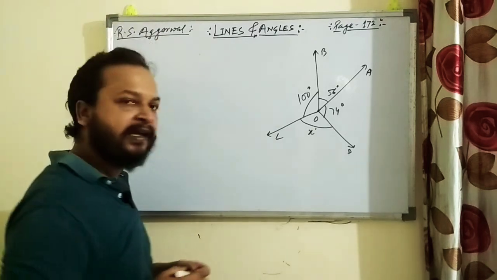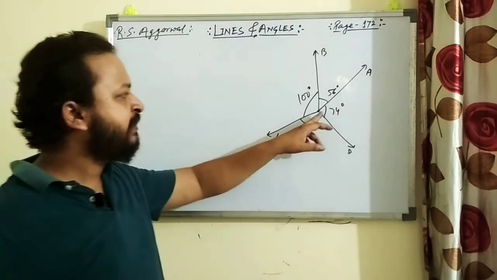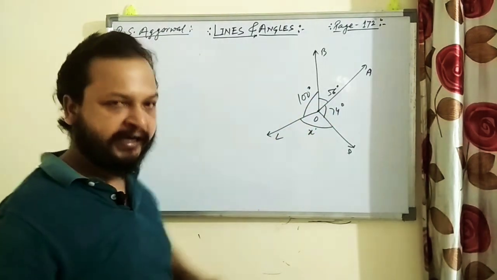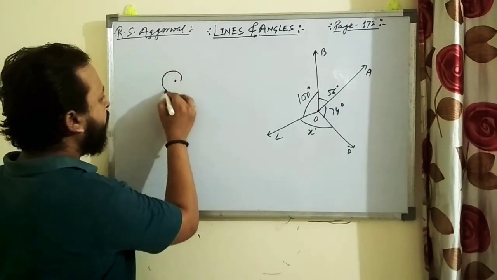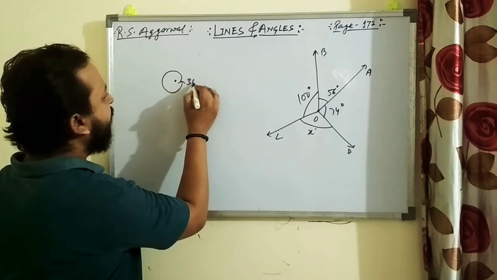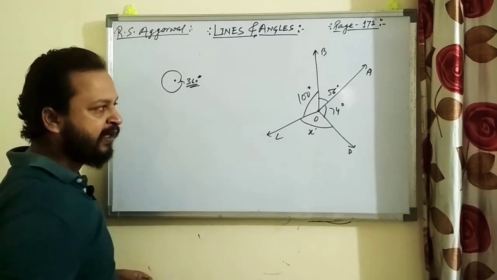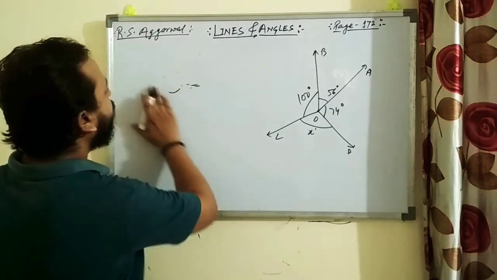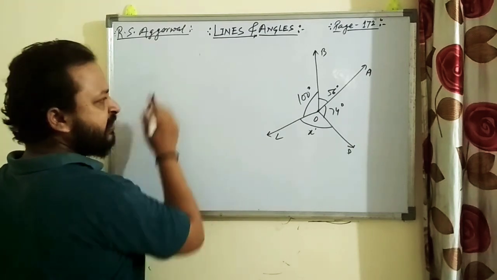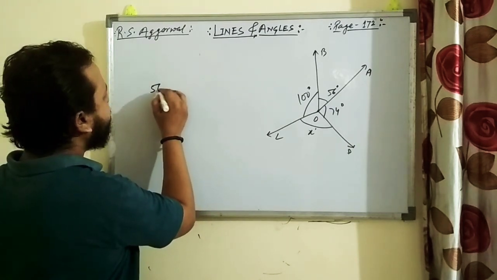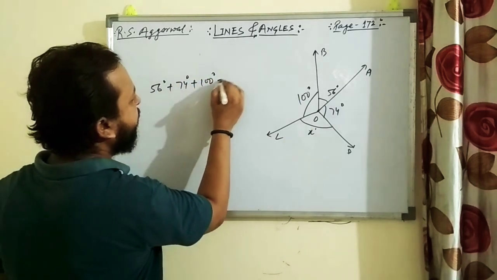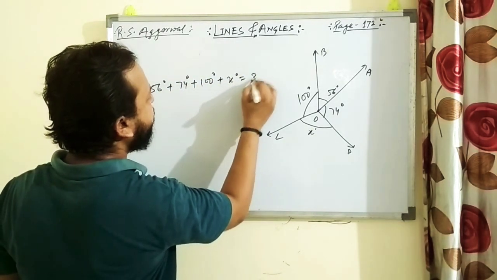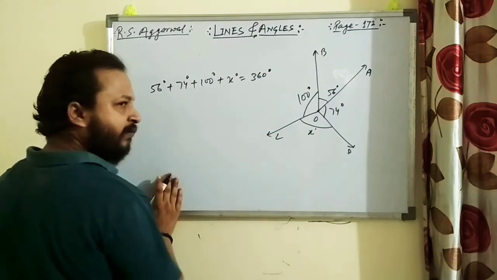So you know that the angles which are made around a point must be equal to 360 degrees. It means the sum of these angles must be equal to 360 degrees. So 56 degrees plus 74 degrees plus 100 degrees plus X degrees must be equal to 360 degrees, right?